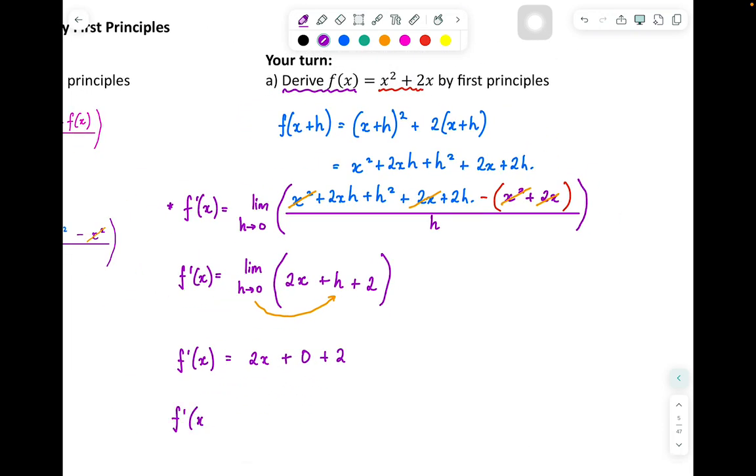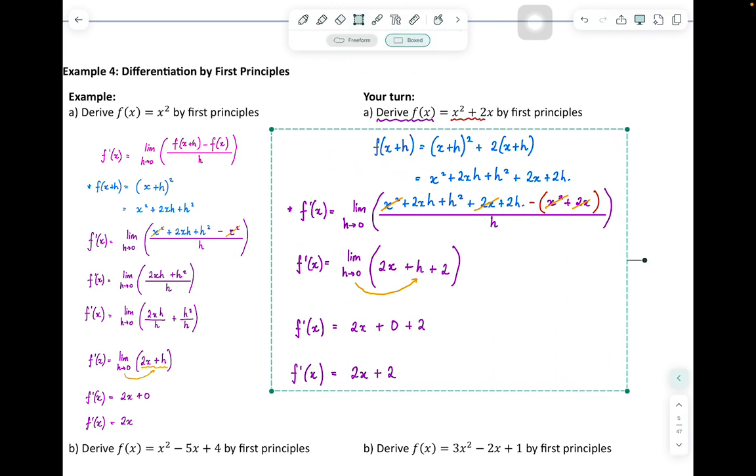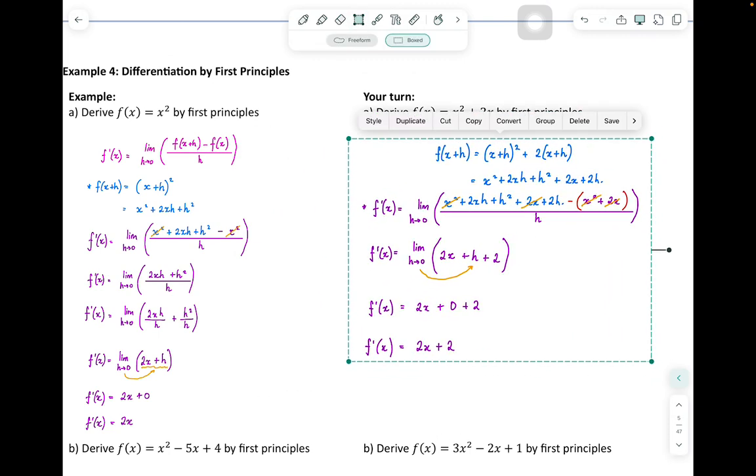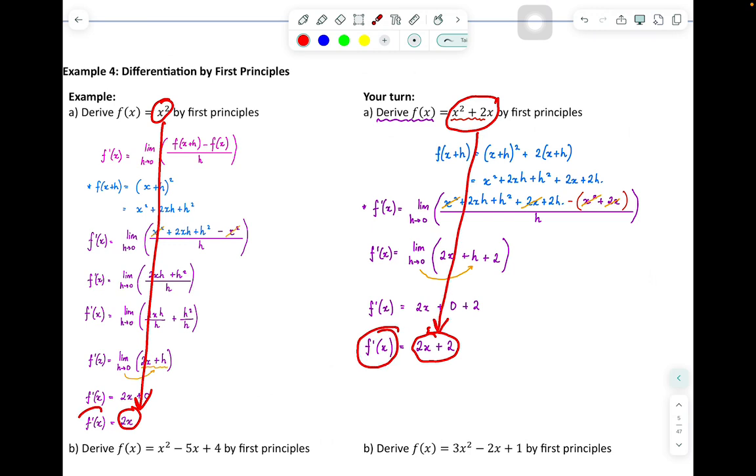Therefore, our derivative is 2x plus 2. So, x squared becomes 2x. X squared plus 2x becomes 2x plus 2. Hopefully now you are sensing some sort of pattern between the original f of x and our derivative f dash of x.